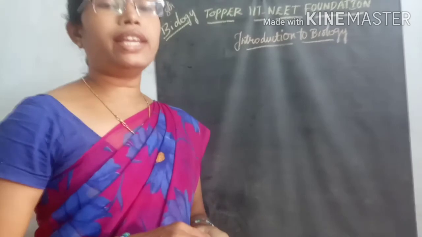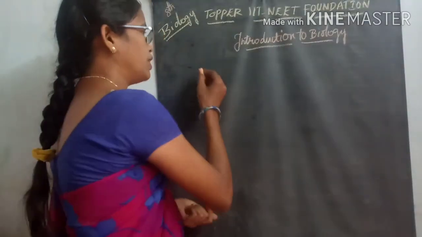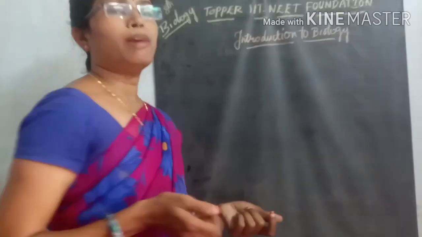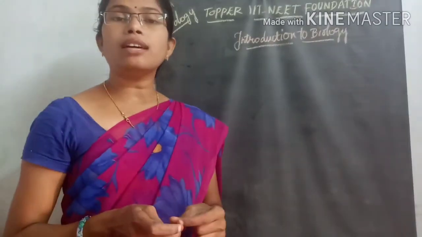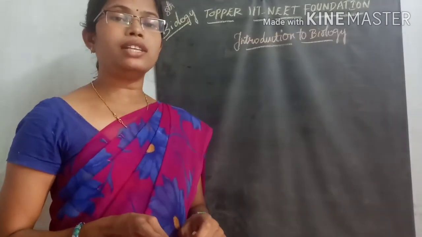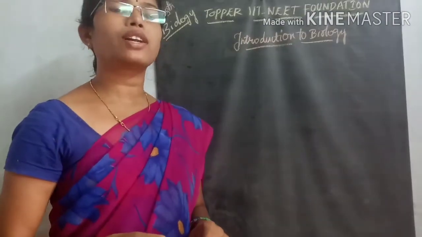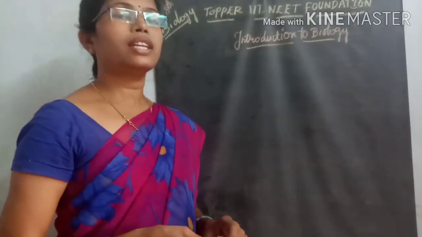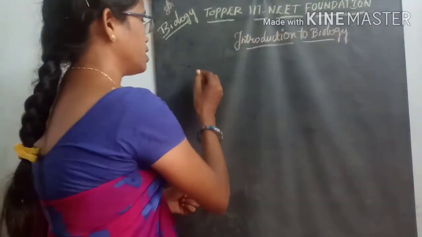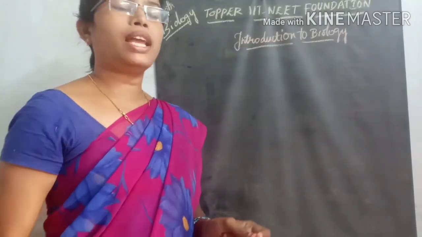In the last class we already discussed some of the terminology regarding biology. What is meant by biology, and what are the branches mainly related to biology? We already know that the science which mainly deals with living organisms, or life-containing organisms, is called biology.